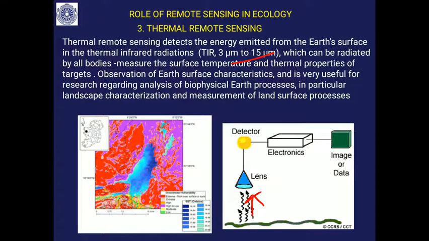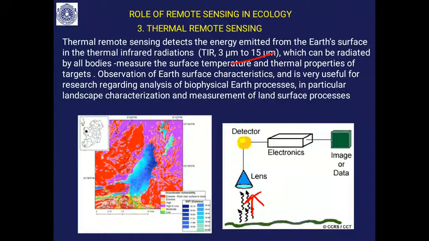So the radiated infrared rays from the target area are analyzed. Observation of the earth's surface characteristics is very useful for research regarding the analysis of biophysical earth processes, in particular landscape characterization and measurement of land surface. All this is possible here in this picture.